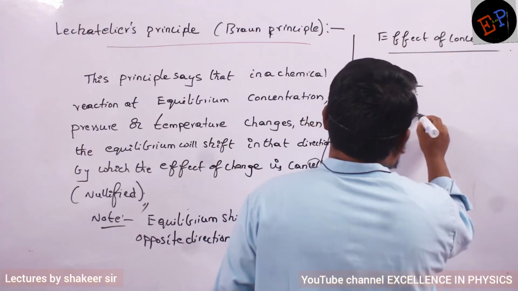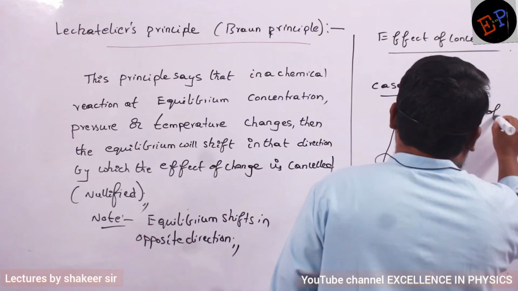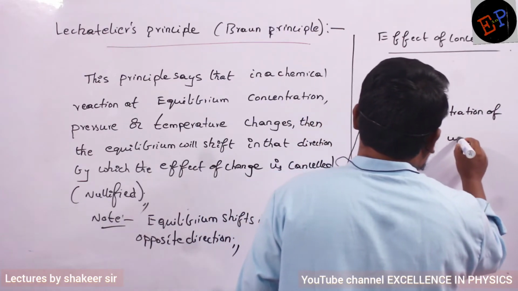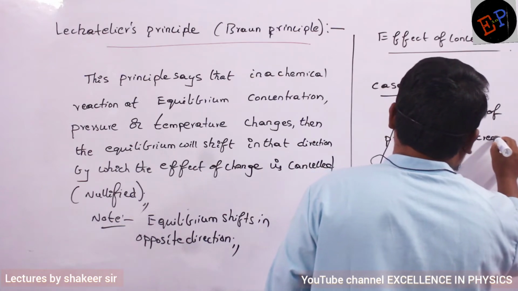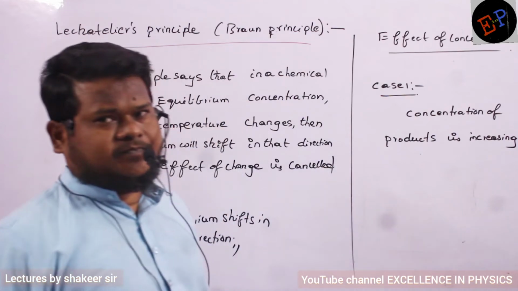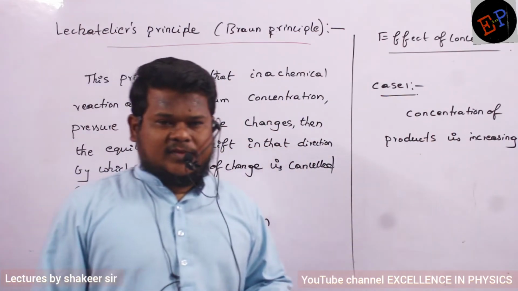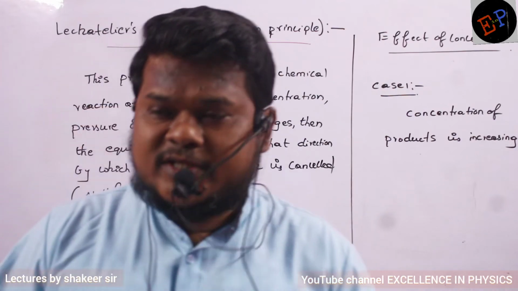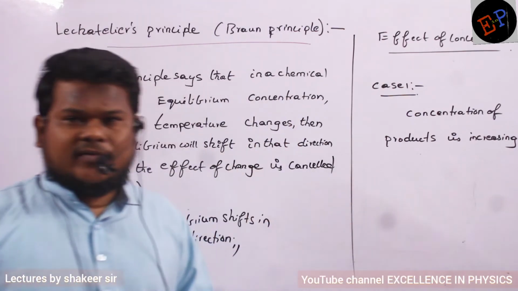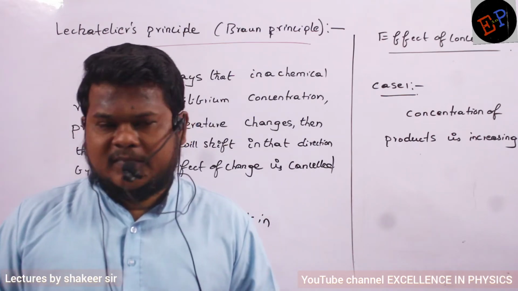Concentration of products is increasing. This is the case given. Now equilibrium should shift in which direction? Should equilibrium shift in the forward direction, or in the backward direction? That I want to find out.